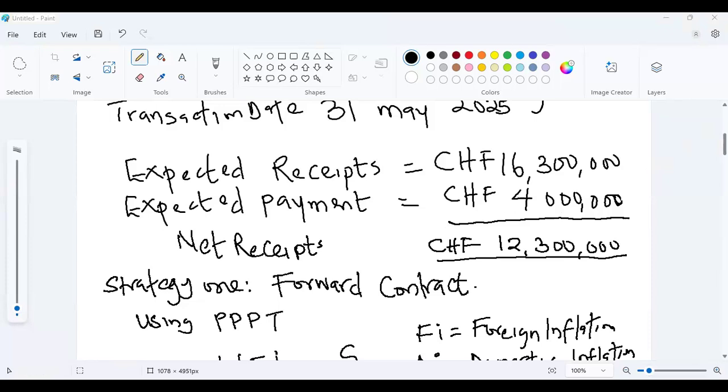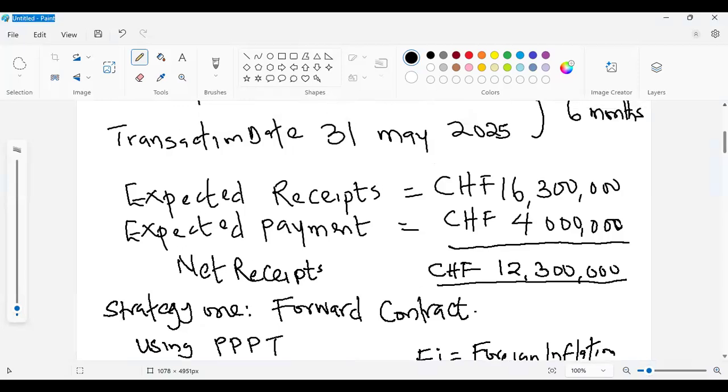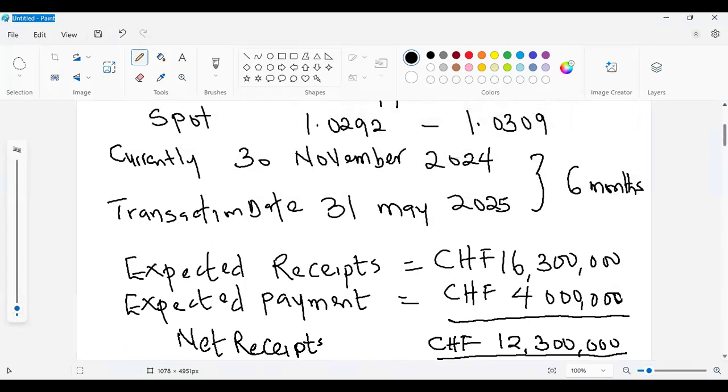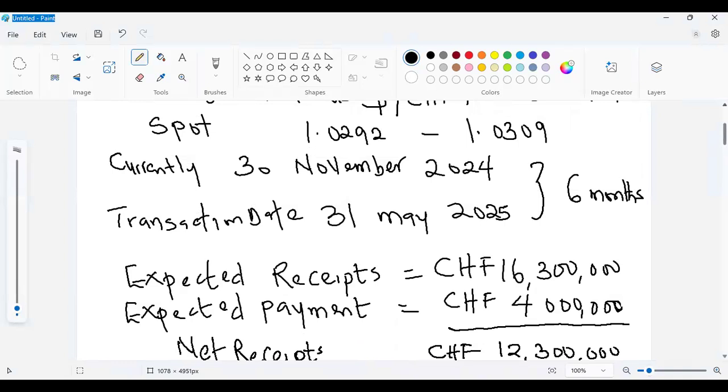Given a direct quotation, at what rate will the bank buy? The bank buys at the lower rate and sells at the higher rate.